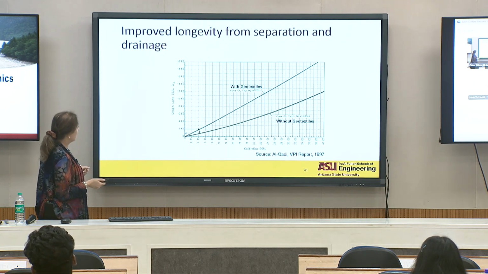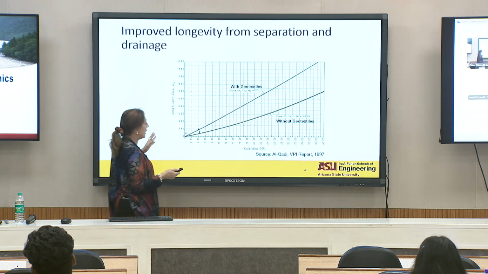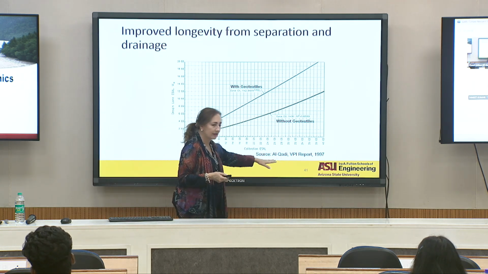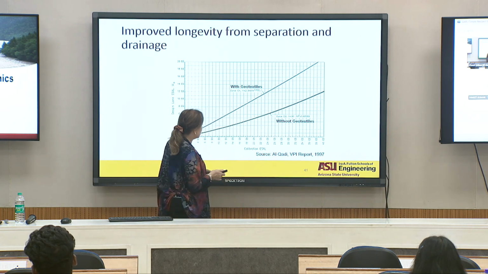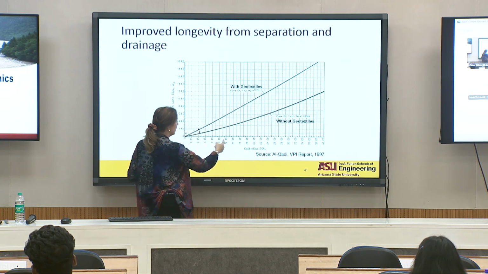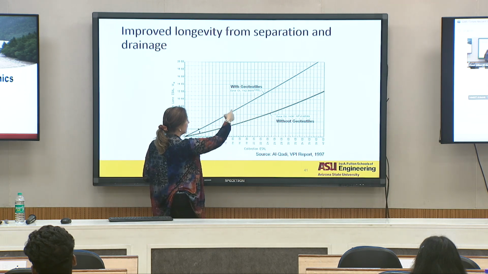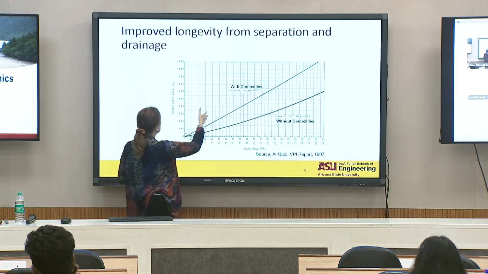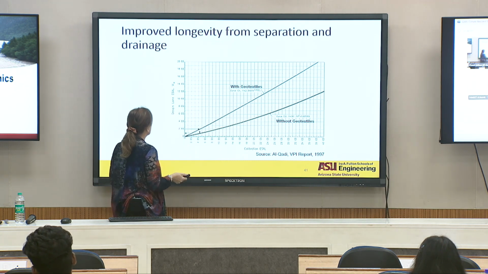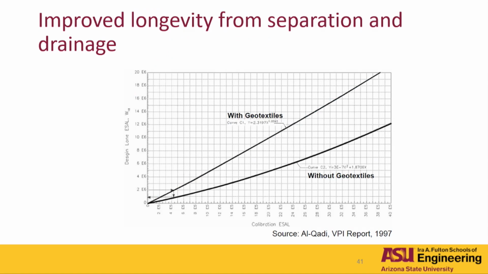This one is about how to figure out how to improve it. This is Alcari. Basically it tries to figure out, without geosynthetic and with geosynthetic, which one can sustain the greater amount of ESALs on the road.